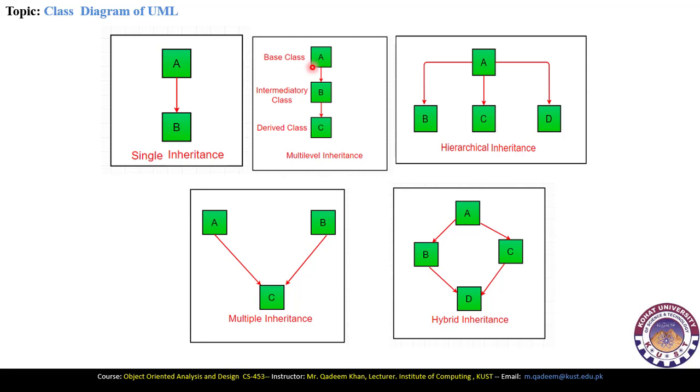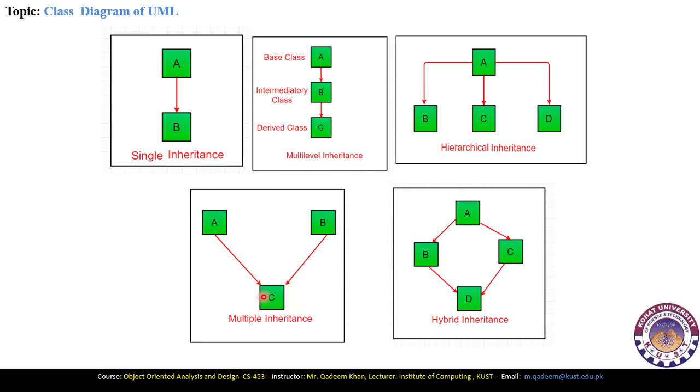This is called the multi-level relationship because there is an intermediate class between A and C. A is the parent, B is the child of A, but B is also the parent of C. That means that A has two children, B and C, but C is an indirect child of A. This is called the hierarchical inheritance relationship because there is a hierarchy where A has three different children.